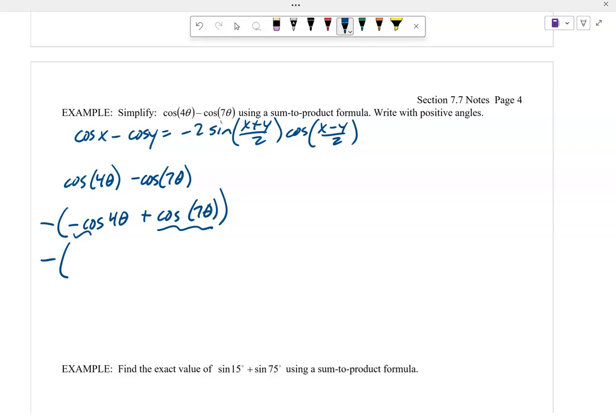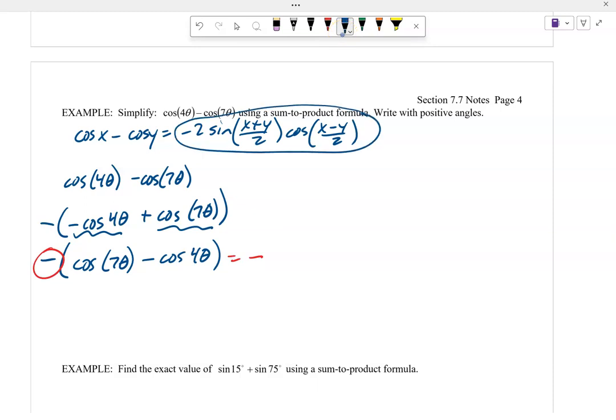I have cosine 7 theta minus cosine 4 theta. And now we can apply that property, but keep in mind we'll have a negative in front. So x is 7 theta, plus y.